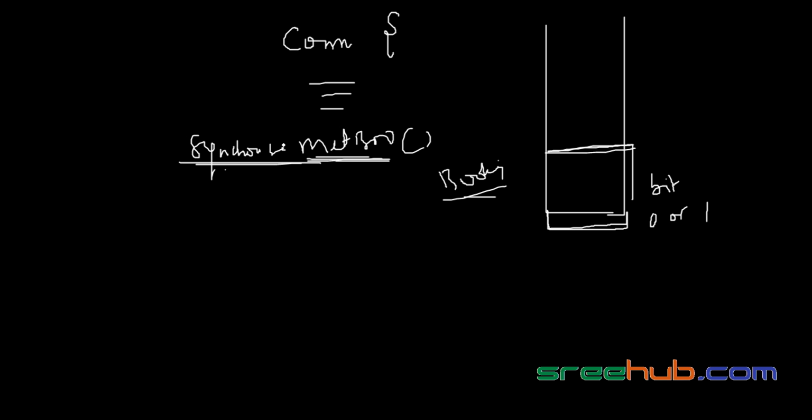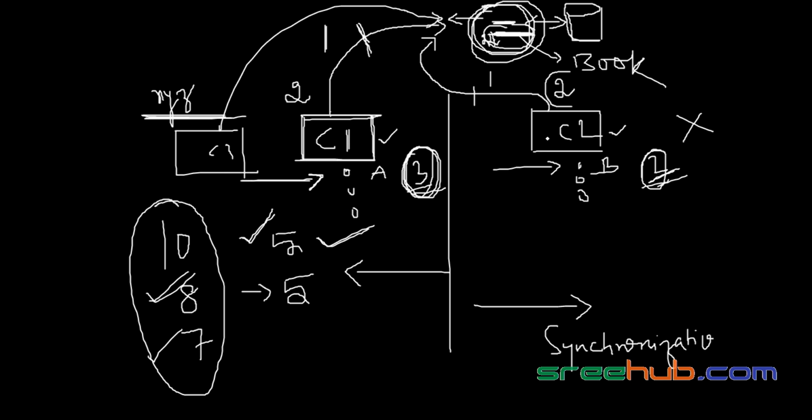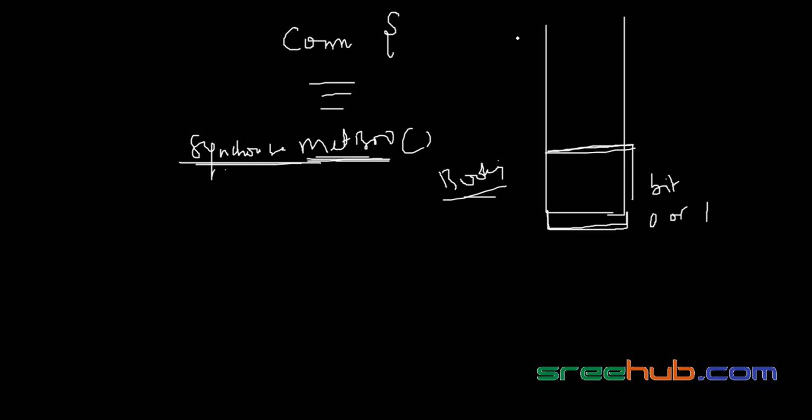Now how it happens is, when any request comes, let us say you have C1, C2, C3 requests.